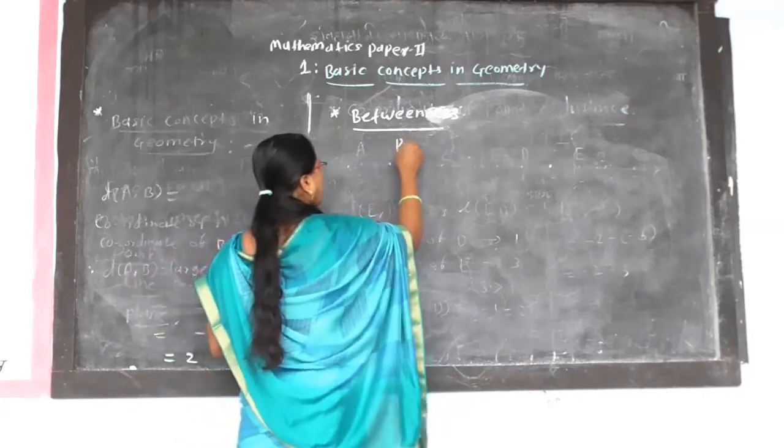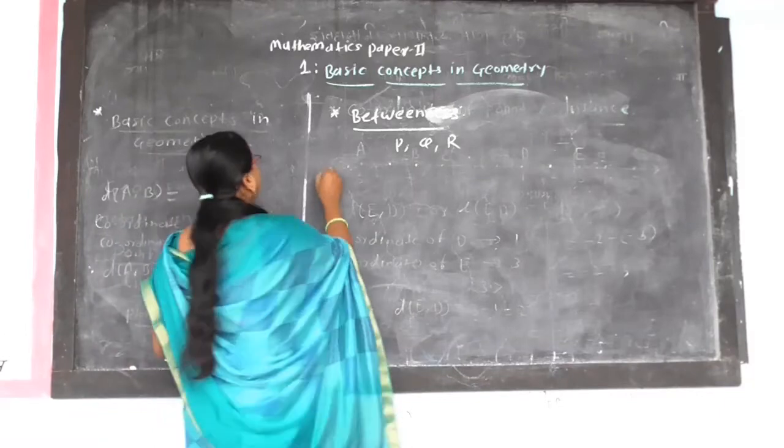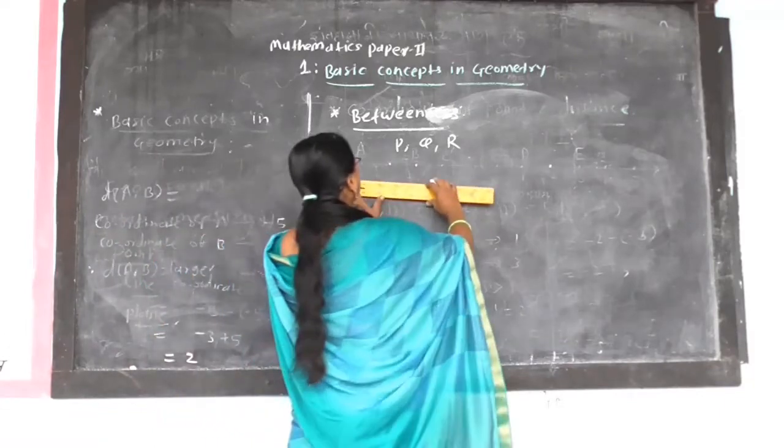If P, Q, R are three distinct collinear points, then there are three possibilities.